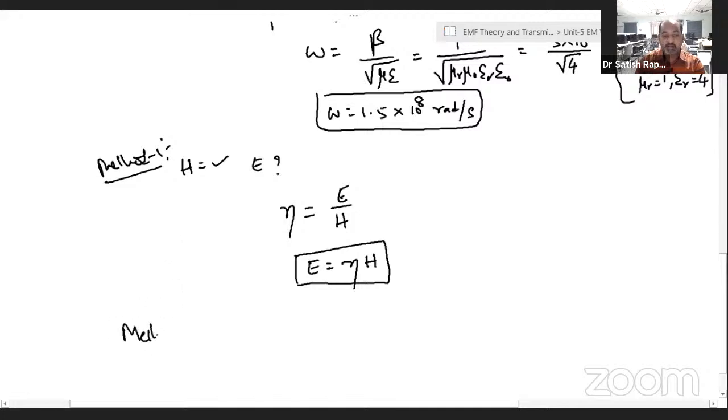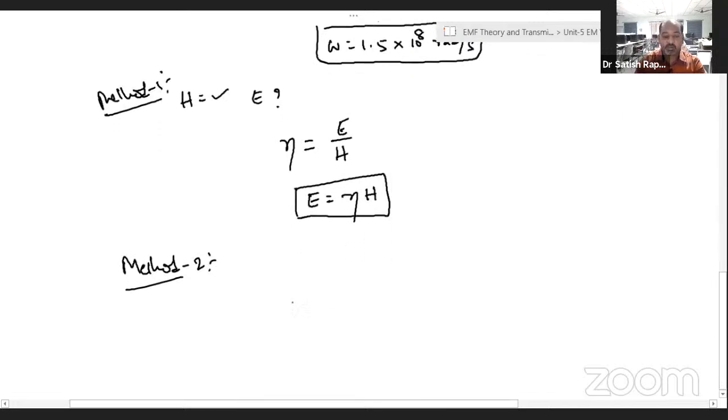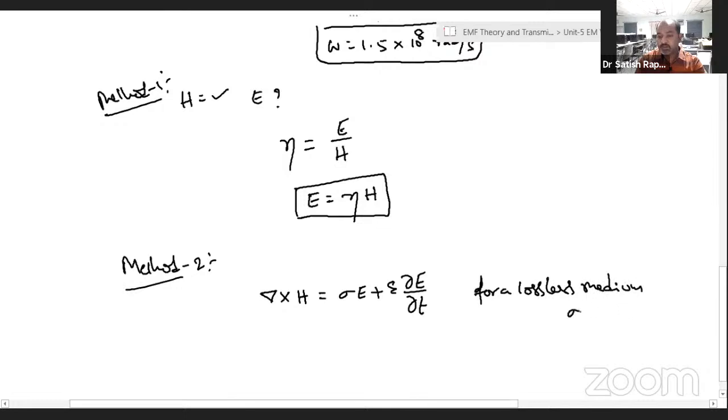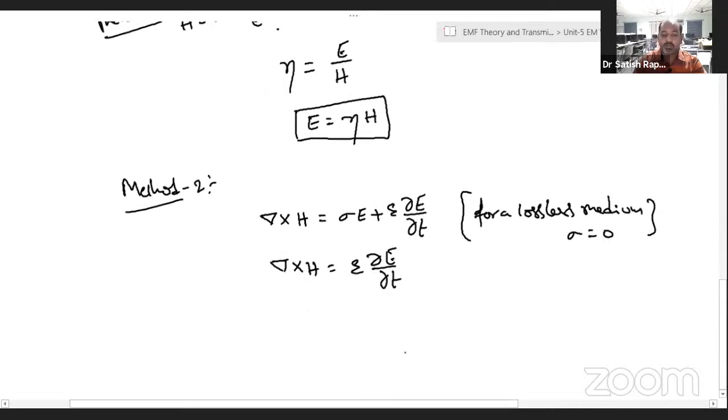Another method we have is from Maxwell's equation. One of the Maxwell's equations which we know is del cross H is equal to sigma E plus epsilon dou E by dou t. For a lossless medium, sigma is equal to 0. Therefore del cross H is equal to epsilon dou E by dou t.